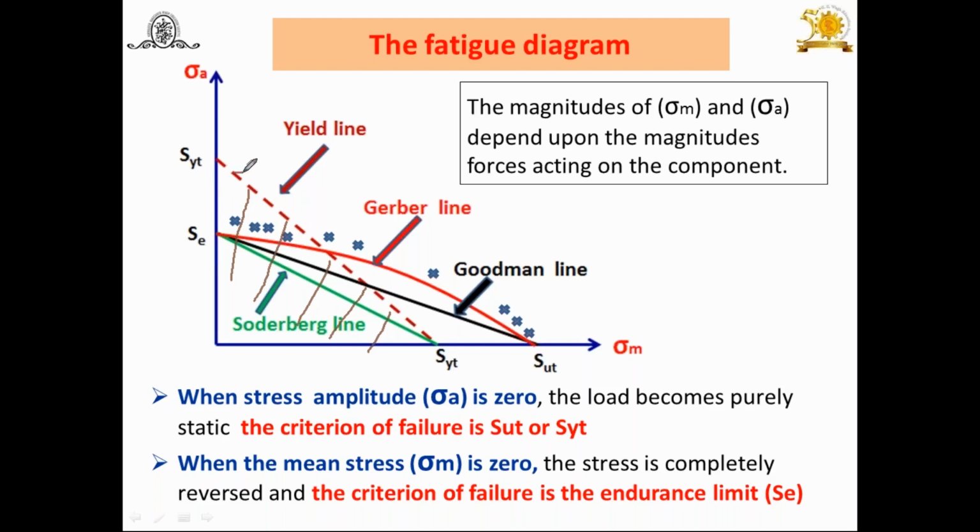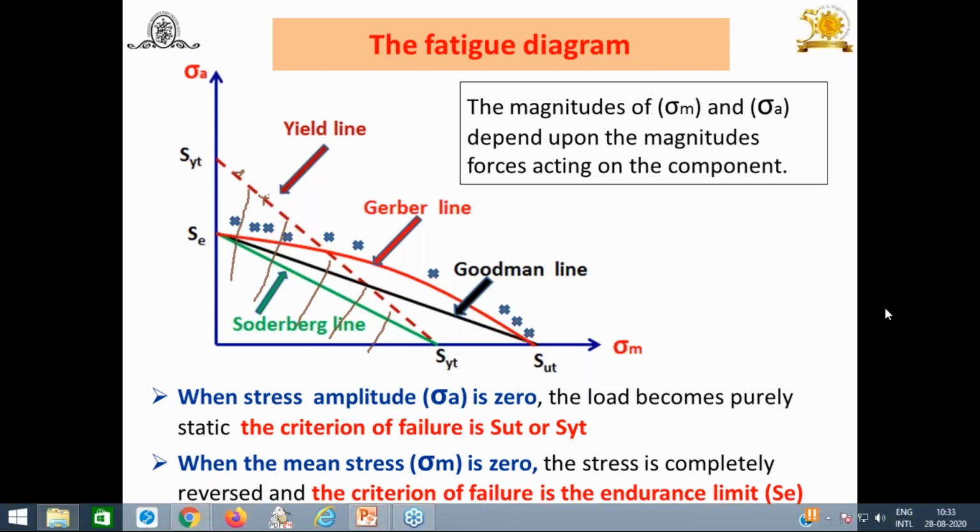But when a point comes on this line or crosses it, the component is going to fail, when it exceeds the limit of yield stress. But you know very well, I have already discussed, when a component is subjected to fluctuating load, there may be a possibility of failure before the yield point also. Remember that too. So the points coming inside, before plastic deformation, are going to sustain. This is the significance behind the yield line.